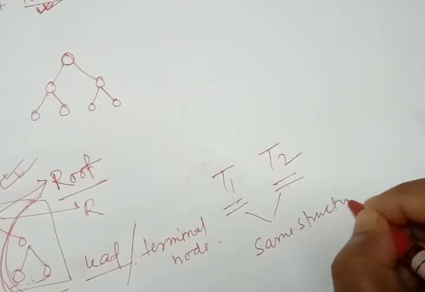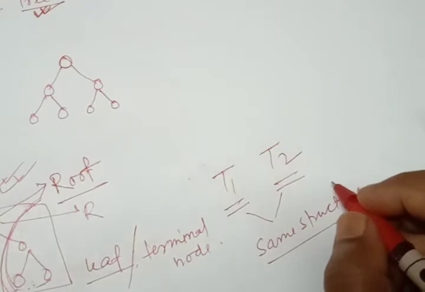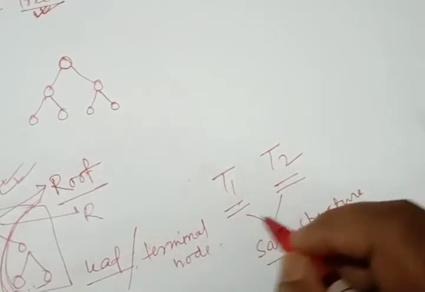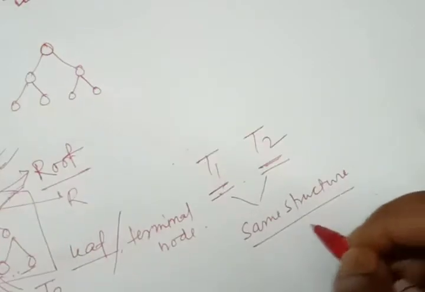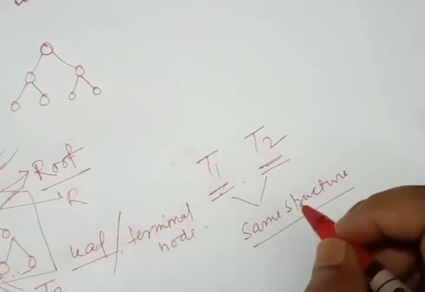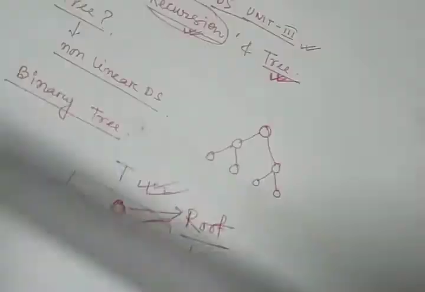It may be asked in your exam: when we say two trees are similar, then two trees T1 and T2 are said to be similar if they have the same structure or the same shape. So these are the basics of binary tree.